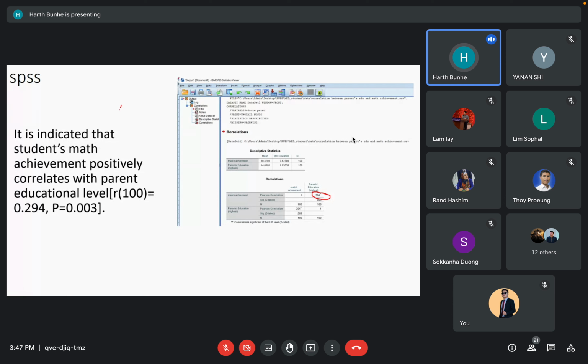And when you interpret the data based on APA style, you will say it like this: it is indicated that student math achievement positively correlates with parent education level at the level of r equal to here, and the p-value is here. Actually, the p-value here stands for the cut point that we talked about in the morning.